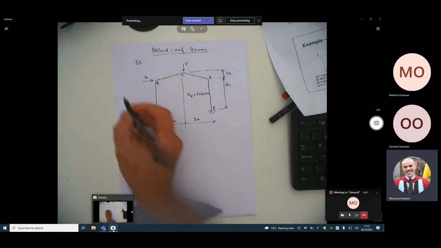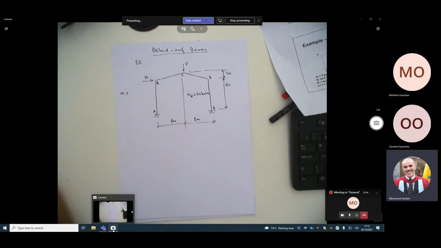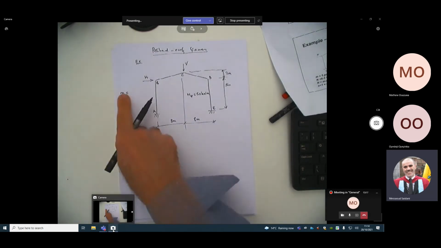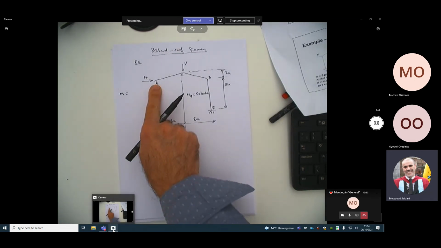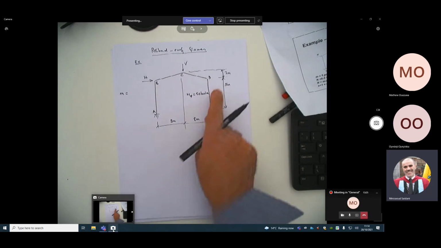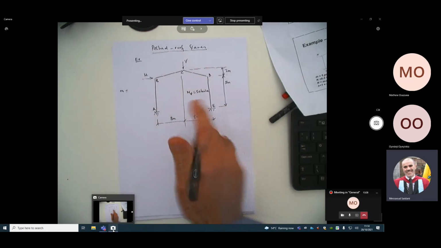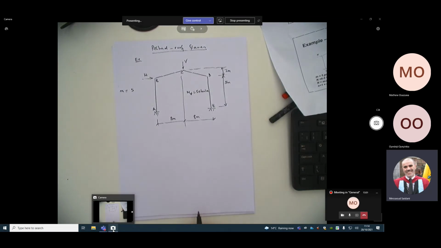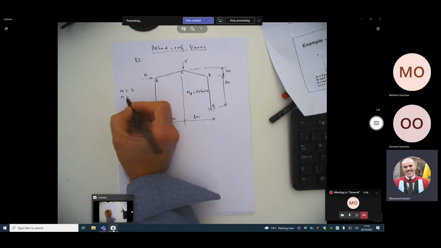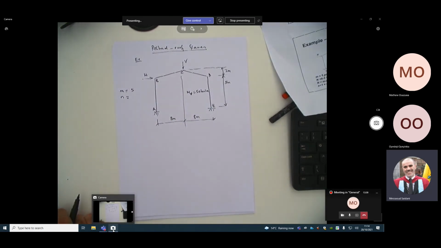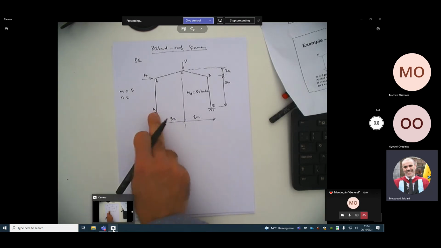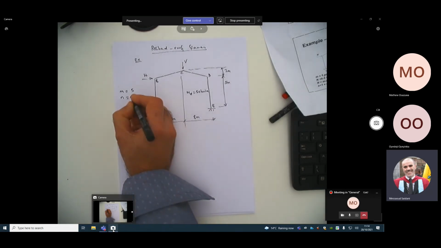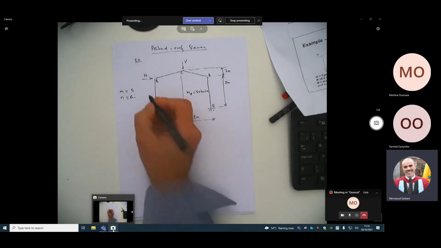Now we define the number of possible hinges. M is the number of possible hinges. So we have a possible hinge at A, at B, at C, at D, and at E, a total of 5 possible hinges. Then we define the degree of redundancy, which is the number of unknown reactions: 3 plus 3, 6 unknown reactions, minus the number of equations of equilibrium.